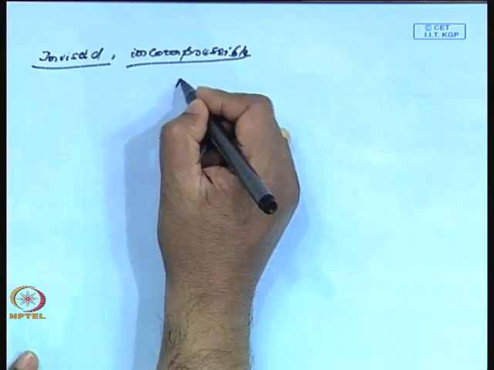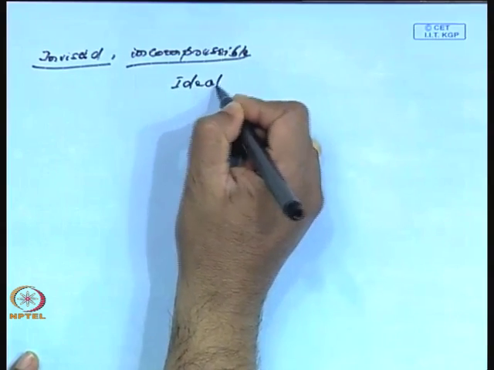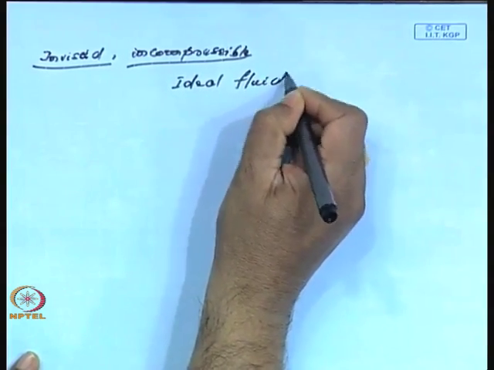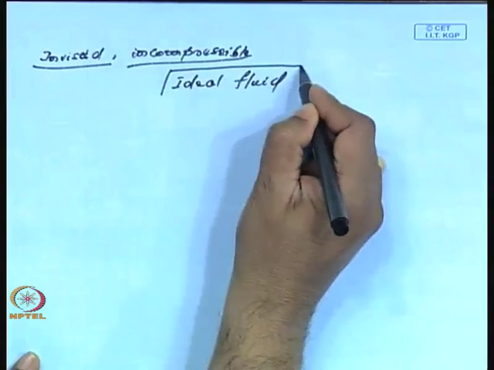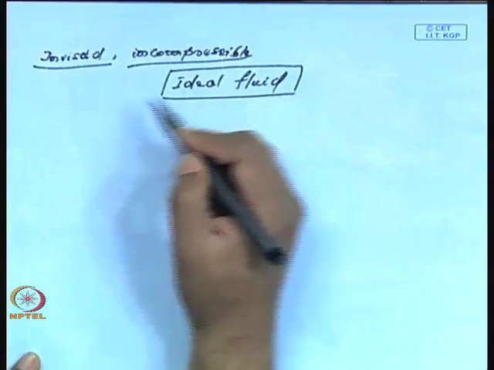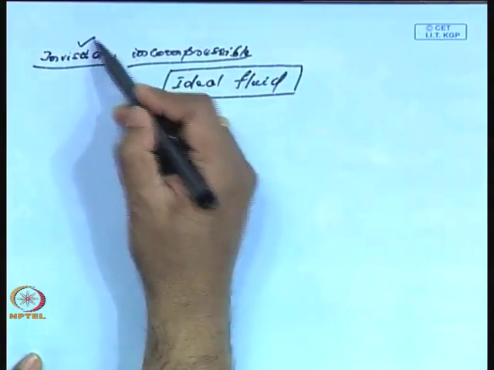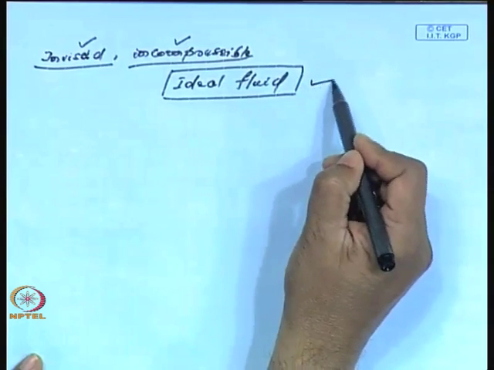But for simplicity of modeling, under the assumptions of incompressibility and inviscid fluid, a large number of problems can be handled, and that is why this kind of fluid is called an ideal fluid. A fluid that is inviscid and incompressible we call an ideal fluid.